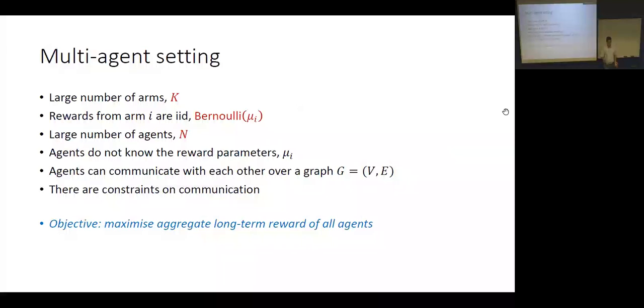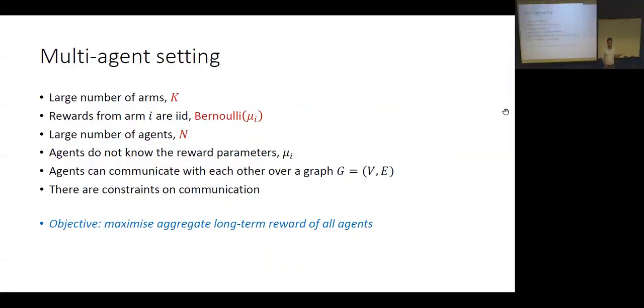Okay, so now let's move on to the multi-agent setting, which is what this talk is about. In many practical situations, the number of arms k is very large. If you look at your regret expression, there's a sum over k of terms, the differences between u1 and ui.